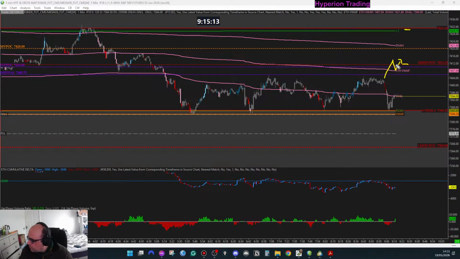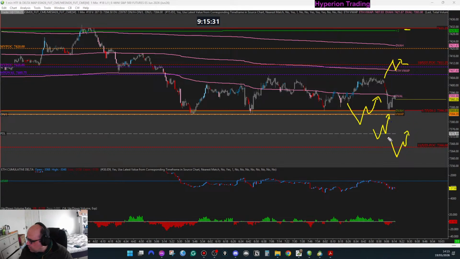If this happens, I'm going with low size. If this happens, I may add a little bit more risk, like the reclaim of either this, or the previous day low, or the 12th of May low.